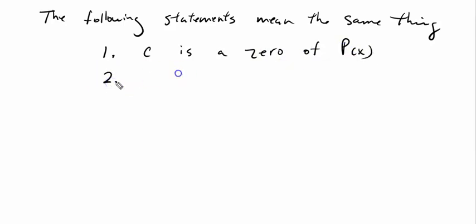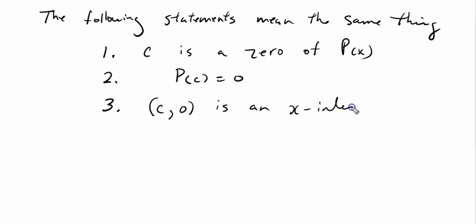Okay, well, the definition of a zero is that P evaluated at C is equal to 0. If C is a zero, then the point C comma 0 is an x-intercept. We're assuming here C is a real number. And finally, if C is a zero, that means the same thing as x minus C is a factor.